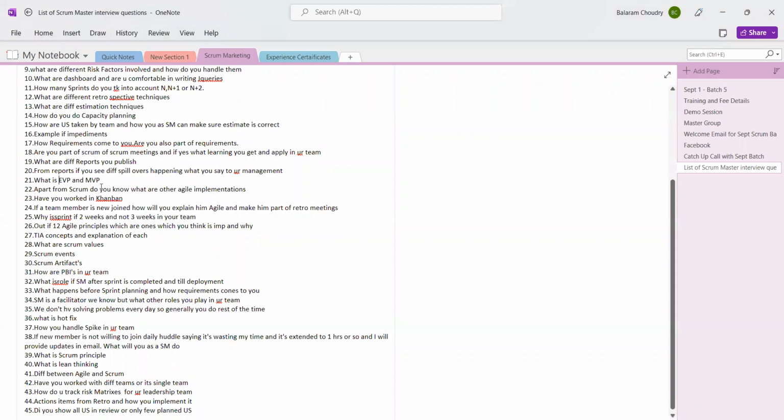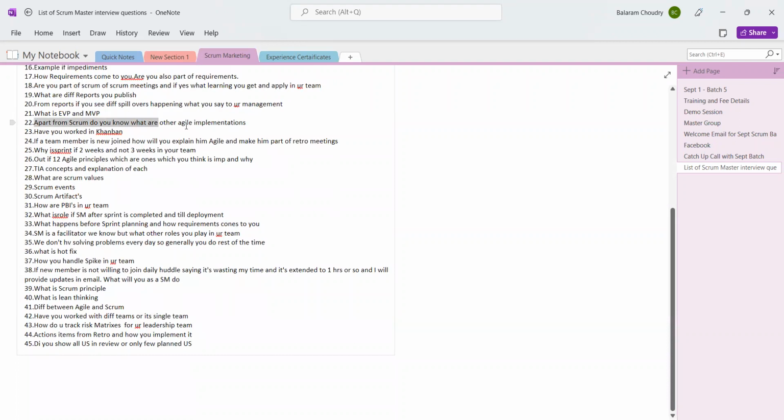There is no lag, nothing. It could be a smallest feature, but it should give a seamless experience for the customers. That is called exceptional viable product. Okay, I will share an article on this also, but it is very rare to see such questions in an interview. Now, apart from Scrum, do you know what other agile implementations are?